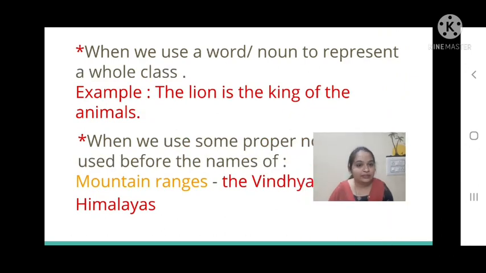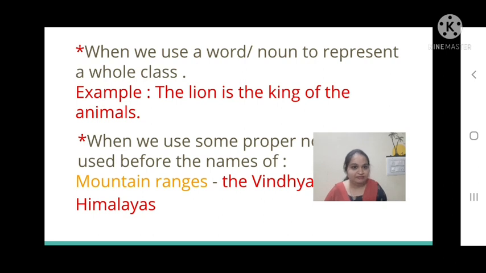And then what all should you remember? You should remember when you use a word or a noun to represent a whole class. For example, the lion is the king of the animals. So we use the for representing whole class.